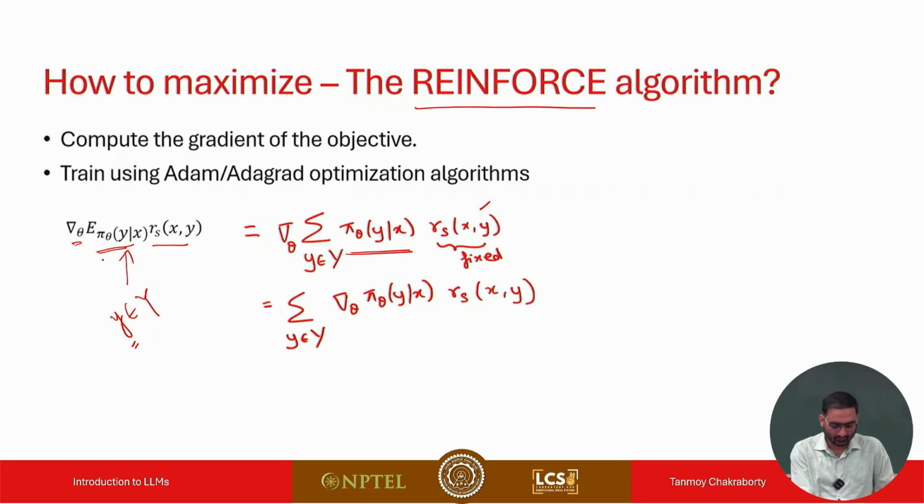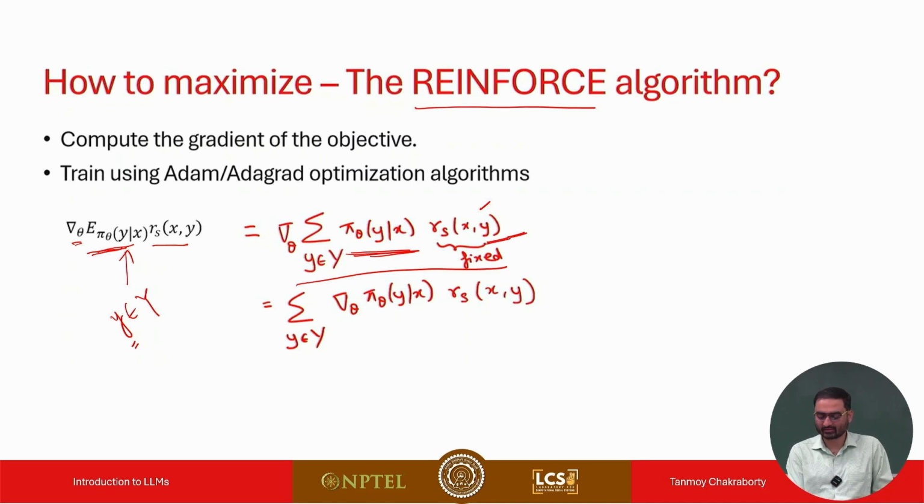If we do not want to use this expectation, you can unfold it in this way. Given a sufficient number of samples which are part of the output set, you take each of the samples one by one, and this is my probability, and this is my reward.